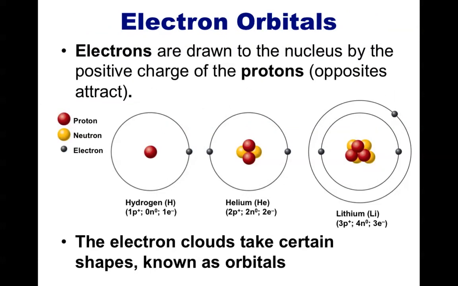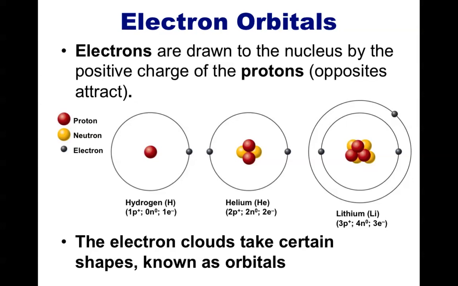In fact, the behavior of an atom or an element is largely dependent on how many electrons it has and how those electrons are arranged. Negatively charged electrons are attracted to the positively charged protons in the nucleus.